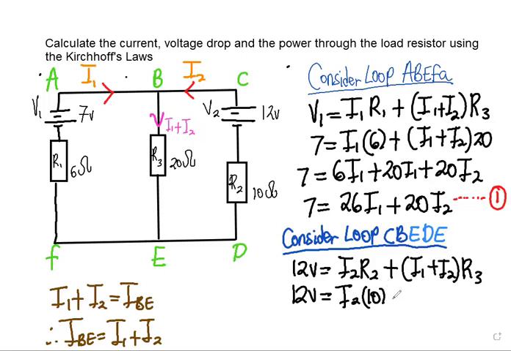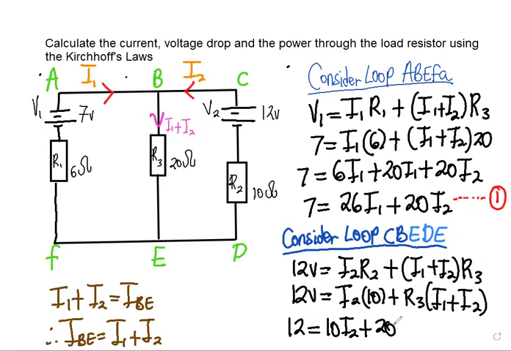So I'm going to say 10 plus R3 times I1 plus I2, which is one and the same thing, to make your work much simpler. Then you can say 12 equals I2 times 10, that will be 10I2, plus, now let's substitute our load resistor R3, that will be 20, so 20 times I1 plus I2, right?